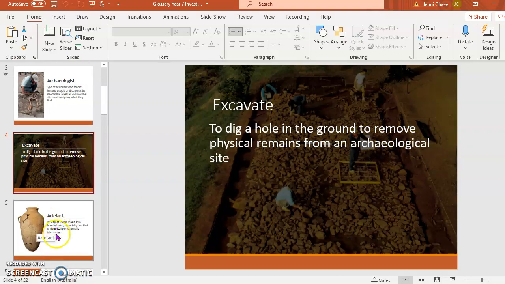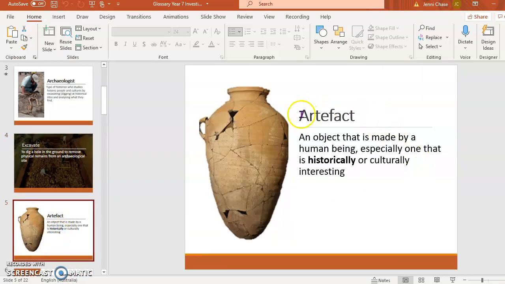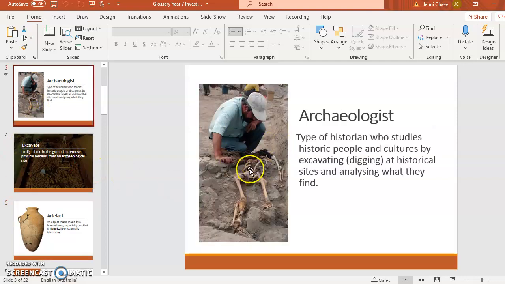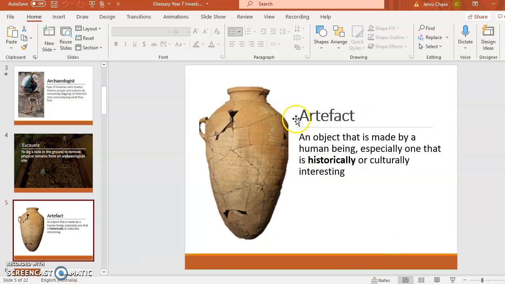And when you excavate, you find artifacts. An artifact is an object that's made by a human being, especially one that is historically or culturally interesting. The artifacts are really what archaeologists are looking for, even though in this photo they've excavated a human body. Normally it's artifacts that they are finding, and they try and piece them back together because quite often they're broken, as you can see.